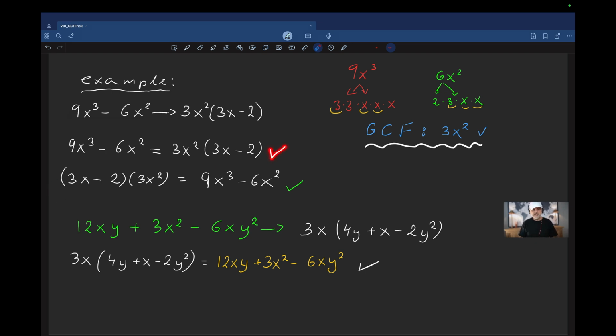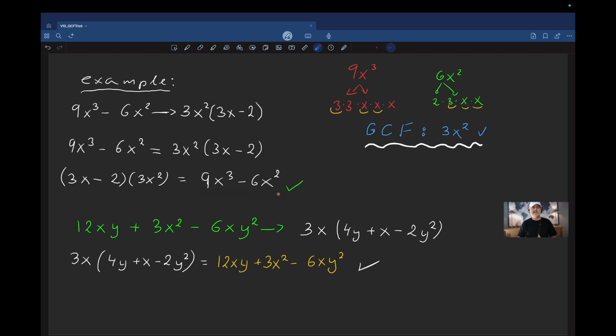And once you have it, you would always want to verify. Remember the previous videos when we talked about polynomials? Verification, checking your work, is your responsibility. So if you were to multiply this binomial by 3x squared, I must show the process of multiplication, and I get 3x squared times 3x, and negative 2 times 3x squared, and this gives me exactly what I had.